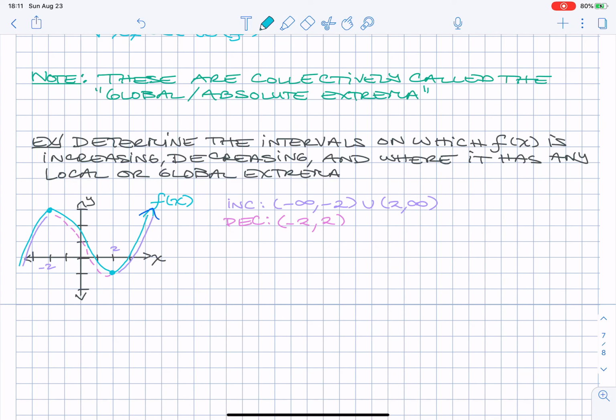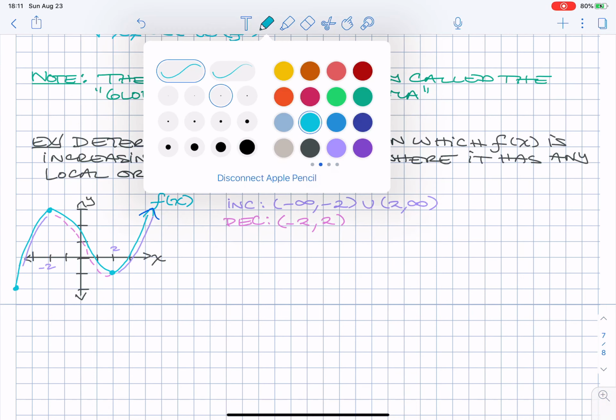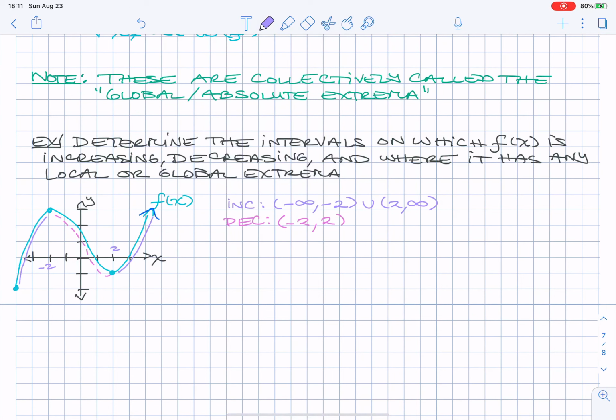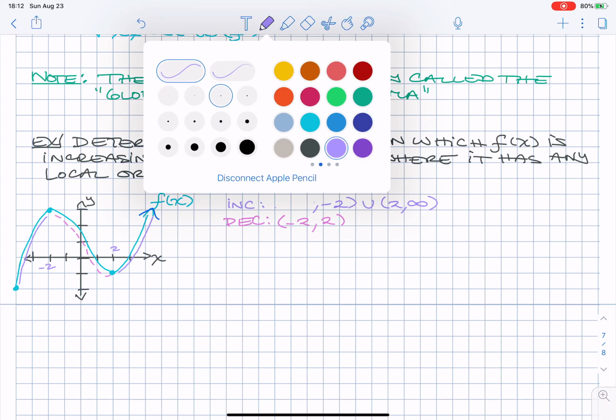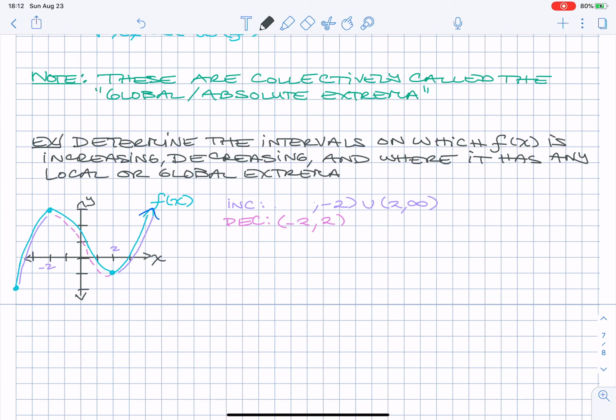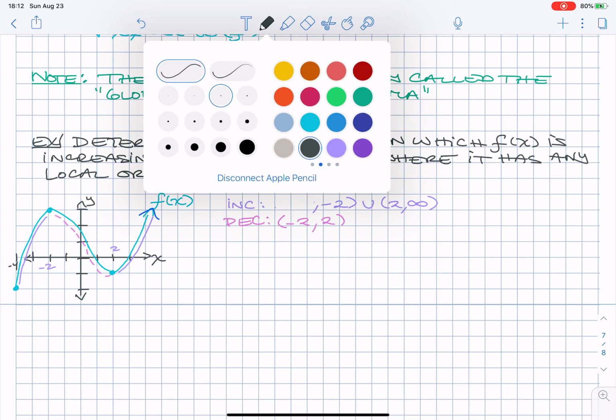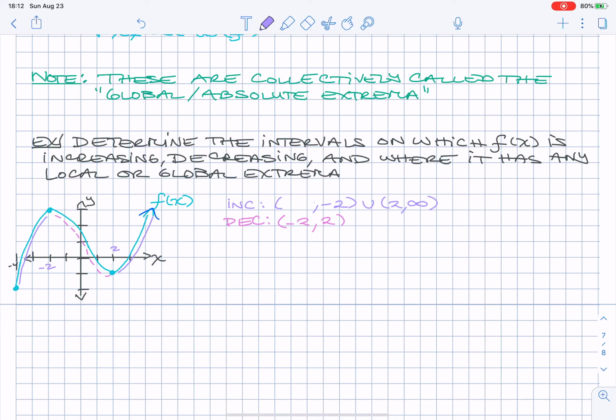Let's go down here and have it stop. In which case, I'm increasing from -4 to -2.